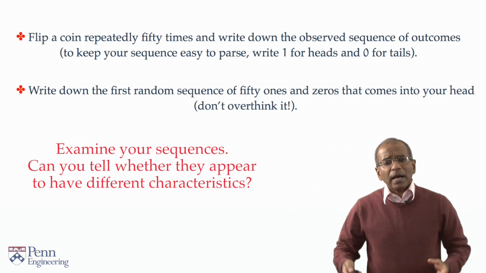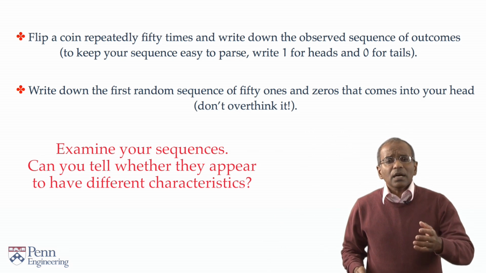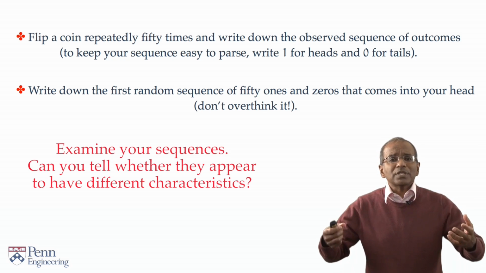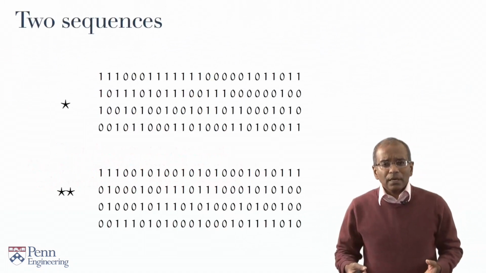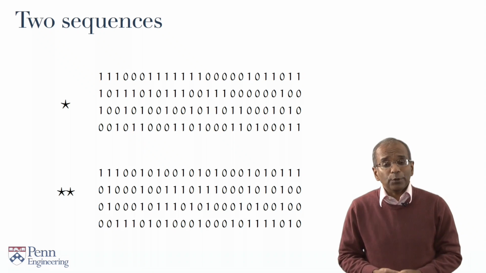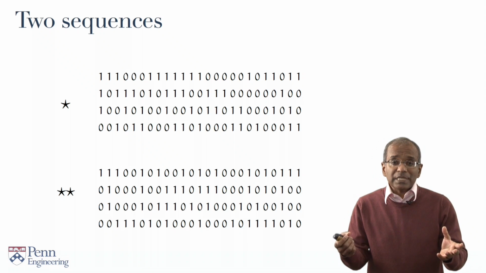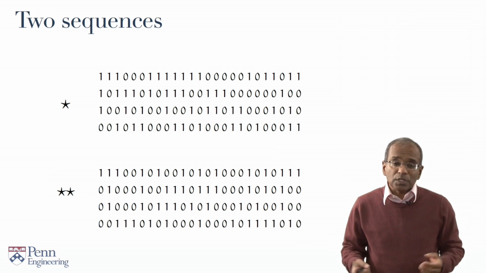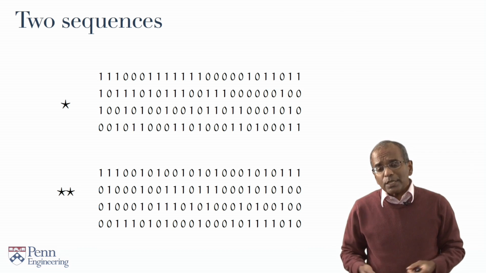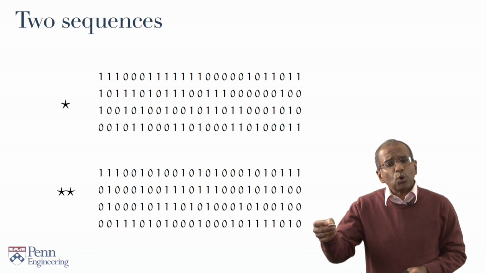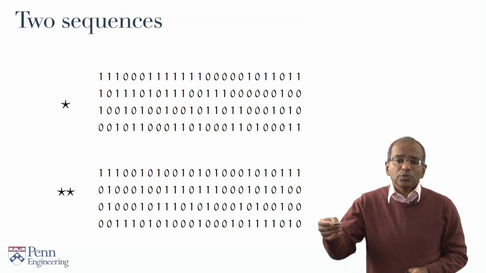So, now you're back. Here is an example of sequences that I generated in accordance with the rules I gave you. Here are two sequences labeled star and double star. I generated one of them by tossing this coin 100 times.